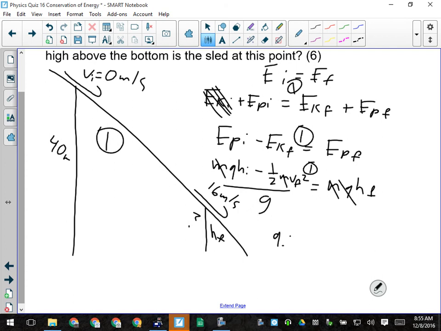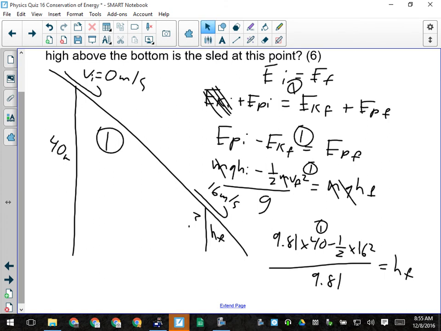So 9.81 times 40 minus, not plus, minus 1/2 times 16 squared, divided by 9.81. Give them a mark for putting the numbers in correctly. That equals HF.